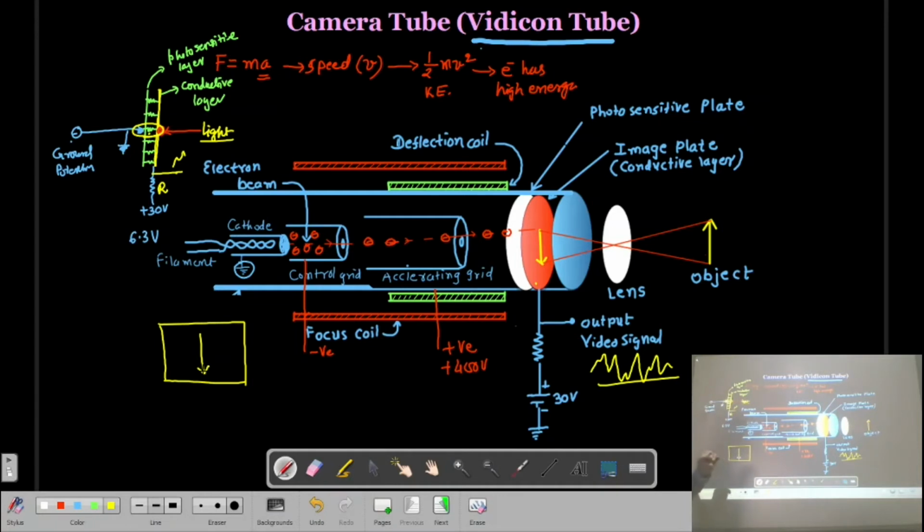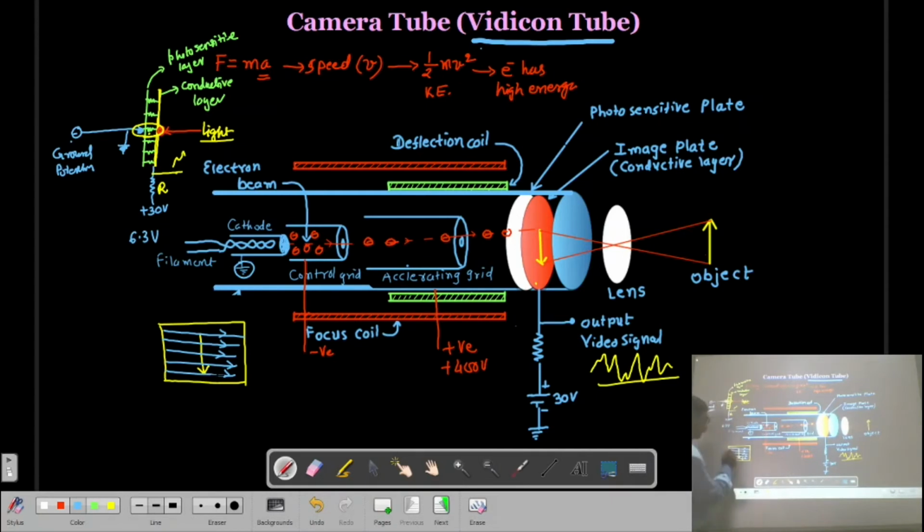The electron beam has to scan the picture, means it has to read the picture. So how will it read the picture? It will start to scan the picture in this direction, line by line, and correspondingly it will produce the electrical signal.